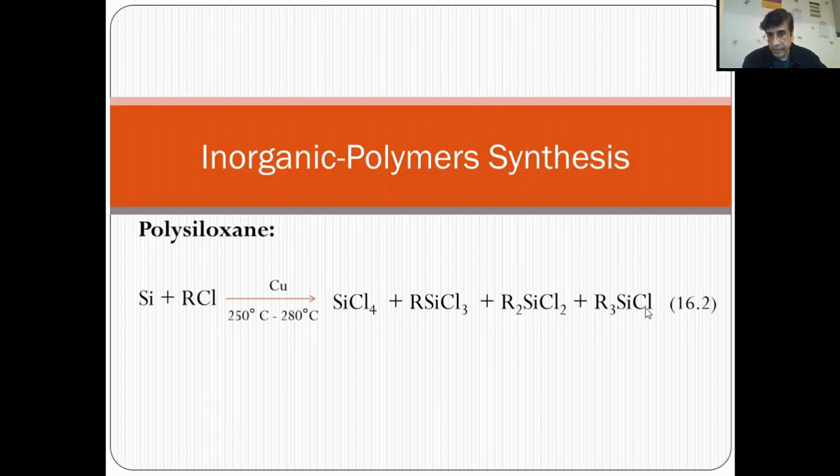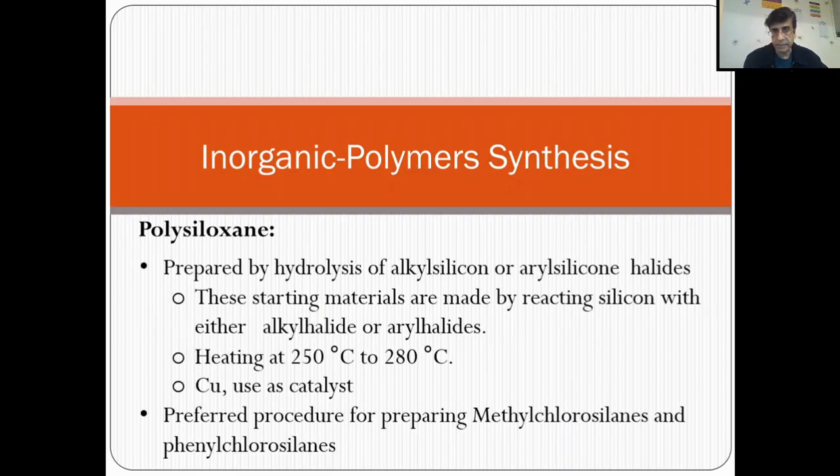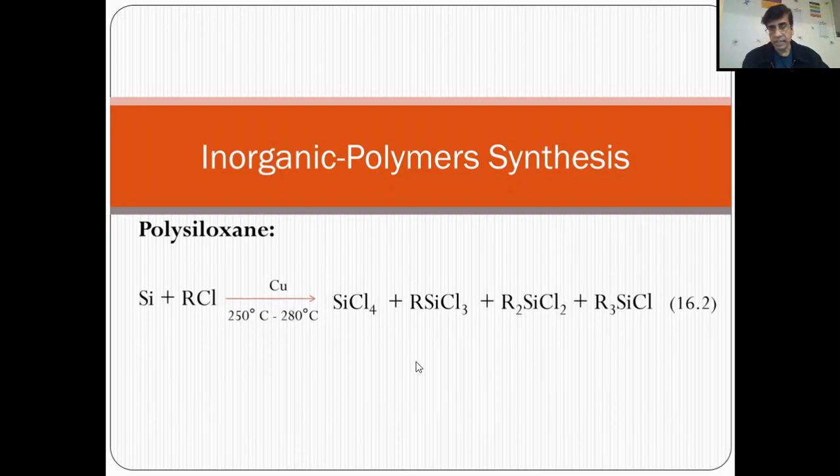Now this is the first step. You got your precursors. These are the precursors: alkyl silicon halide or aryl silicon halide. That's what you need, and the information mentioned here helps you understand how to make these precursors or starting materials. But this is the first step. Then these materials undergo hydrolysis.